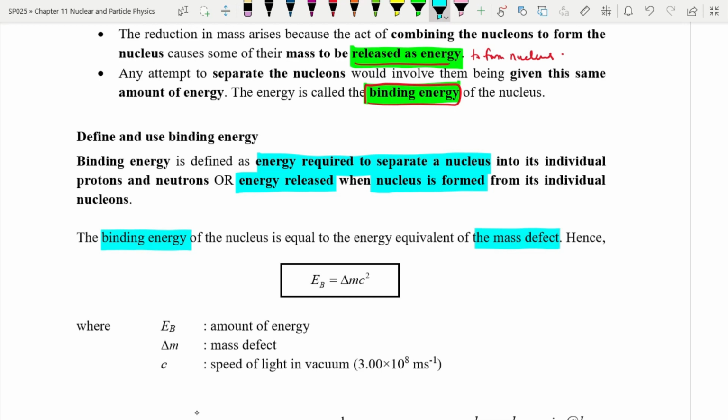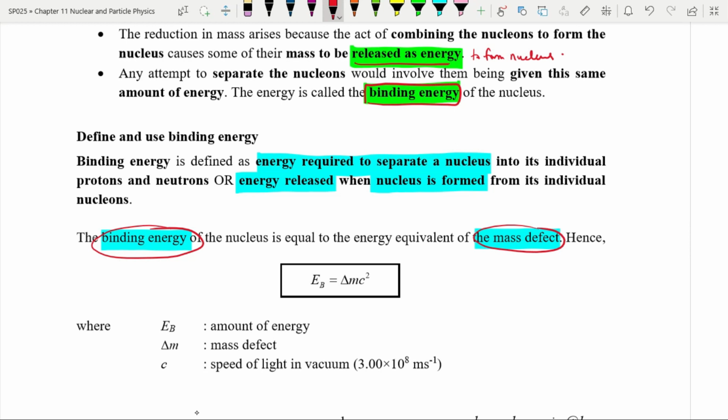Betul ke? Ataupun saya salah? The amount of energy required to break the bond, sebab dia absorb energy to break the bond and then they release energy to form the bond. That is binding energy that is equivalent to the mass defect. According to Einstein, this binding energy is equivalent to mass defect yang kita dah tolak tadi lah.